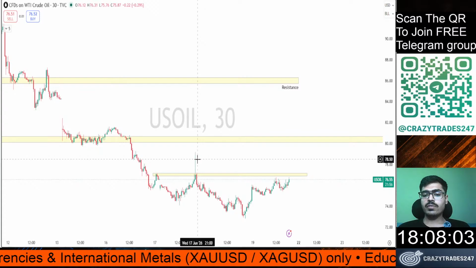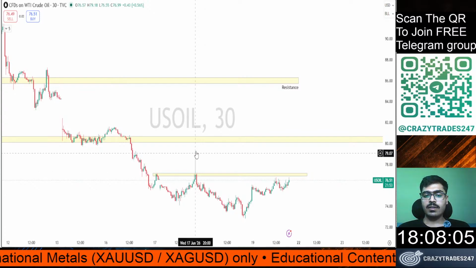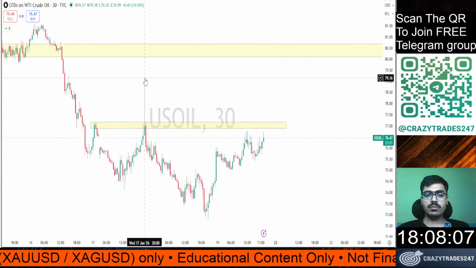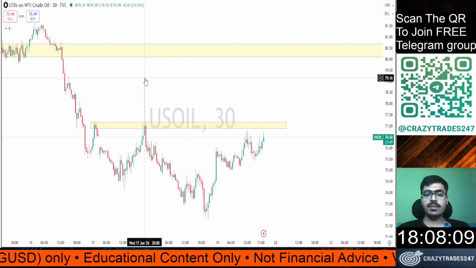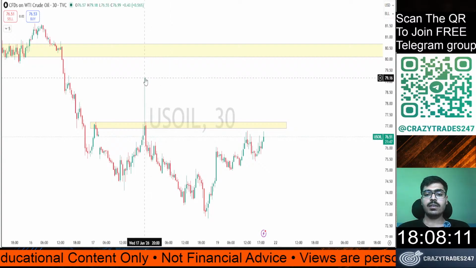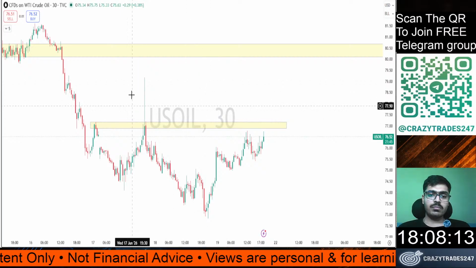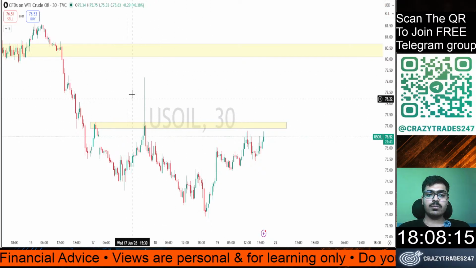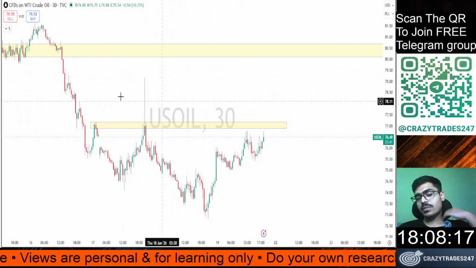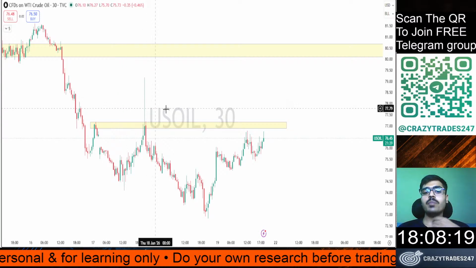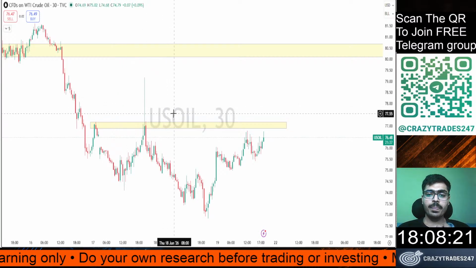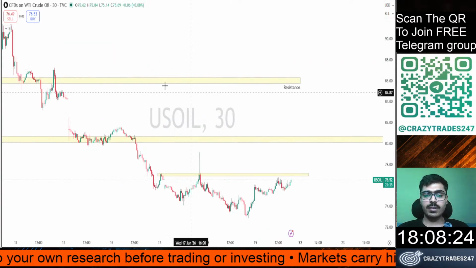But because of this upper wick, we cannot do so, because what if price takes retracement from this level of 79? Because of this, the story of a pullback might not work out. So it's better to avoid this trade.